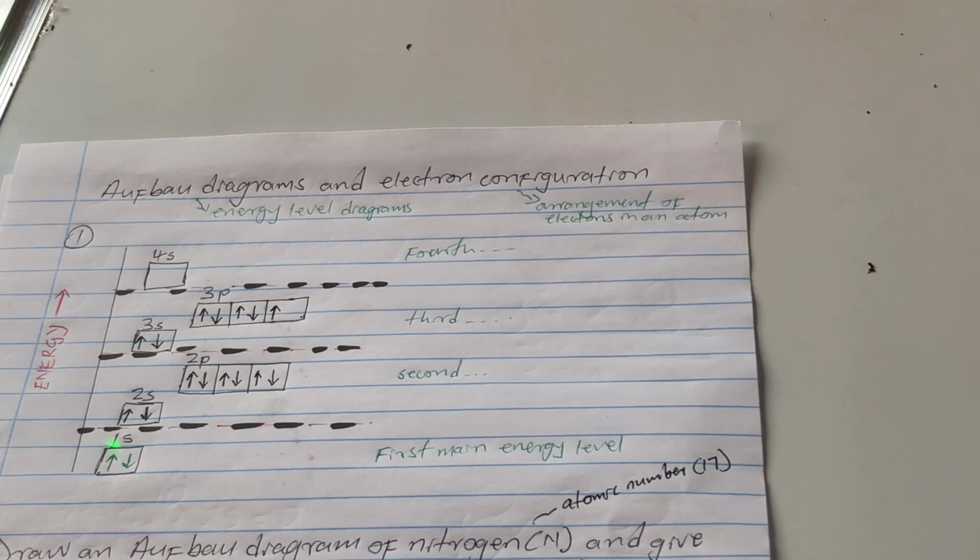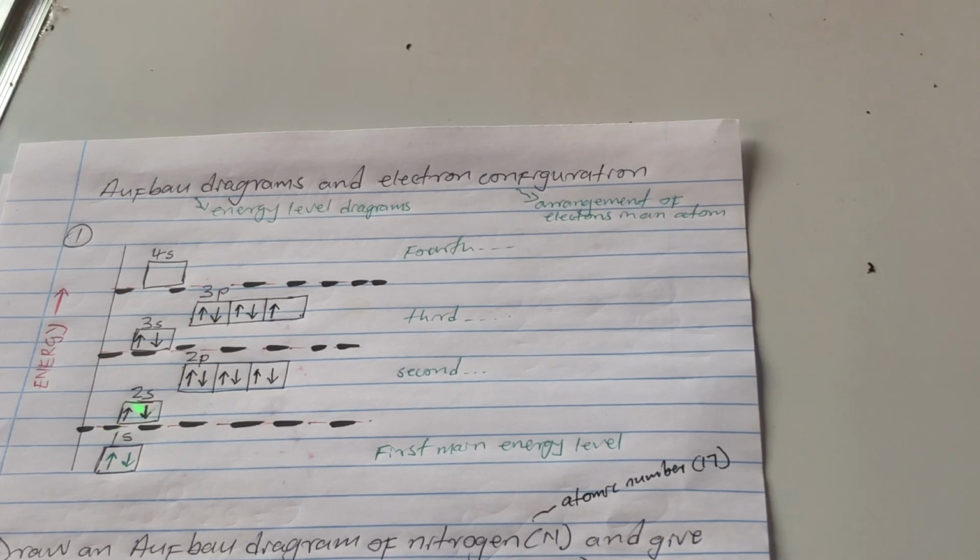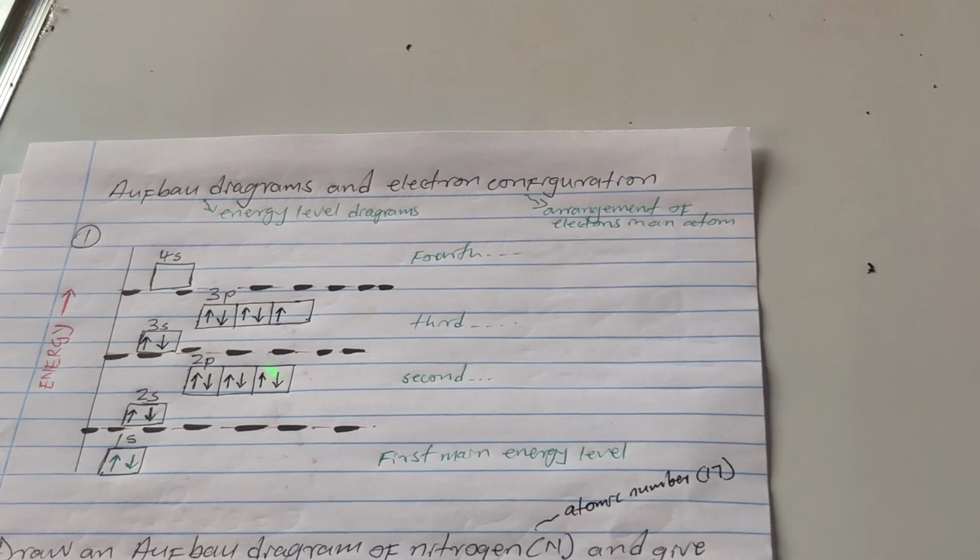So from 1s to 2s, we have put 4. Remember, here we're coming to electron number 5, then number 6, 7. We go back, 8, 9, 10. And all boxes here are filled.